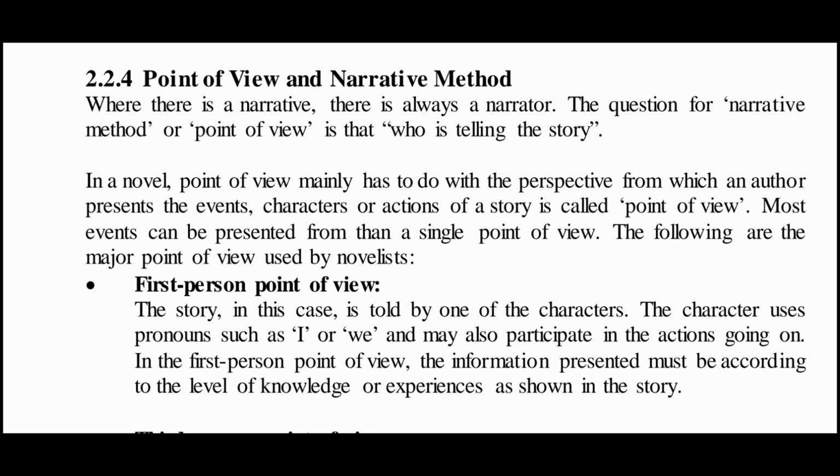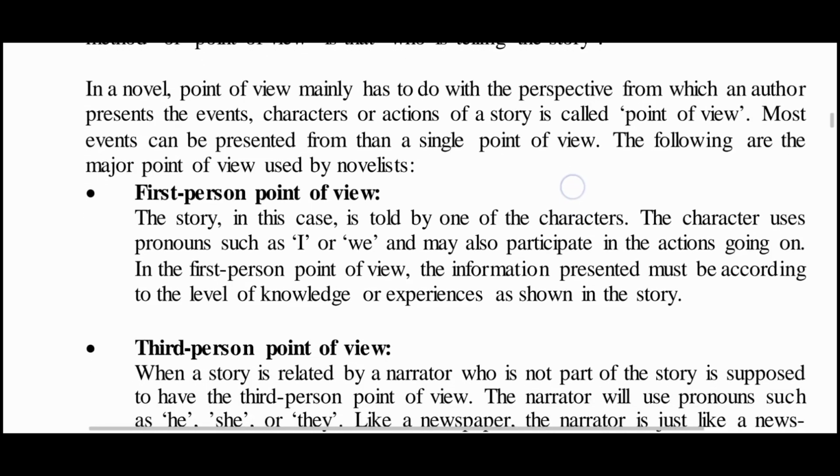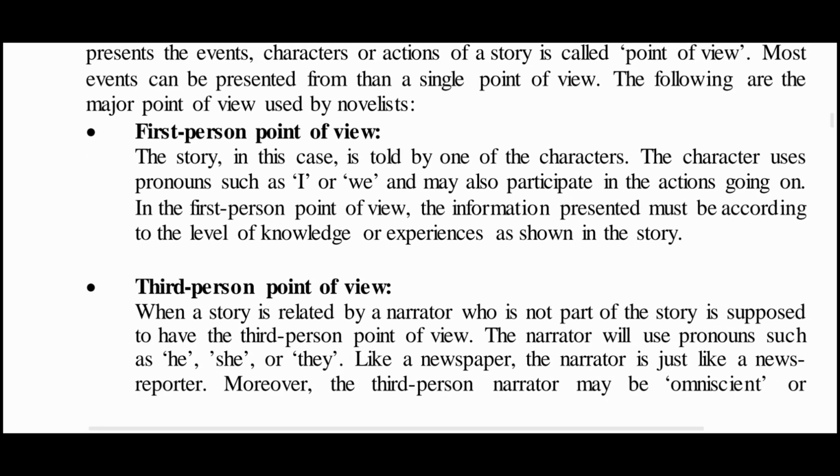Most events can be presented from more than a single point of view. The following are major points of view used by novelists: first person point of view, second person point of view, or third person point of view. First person point of view: the story in this case is told by one of the characters.